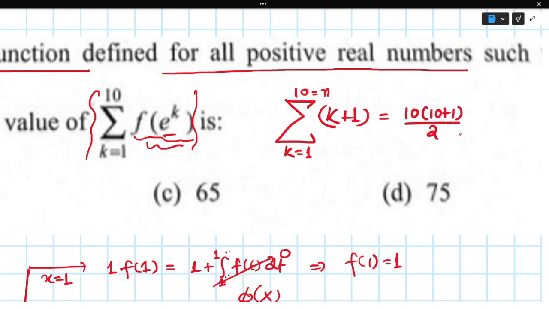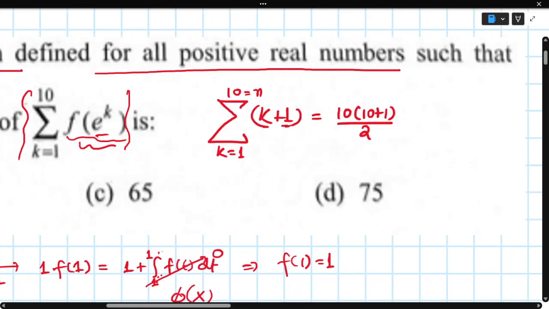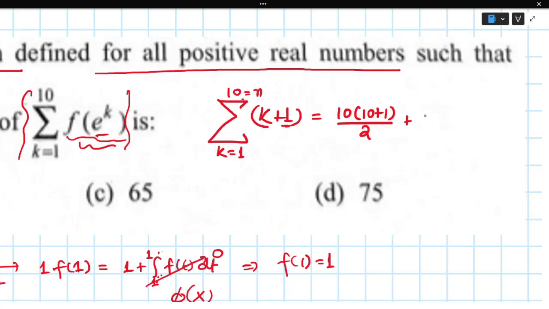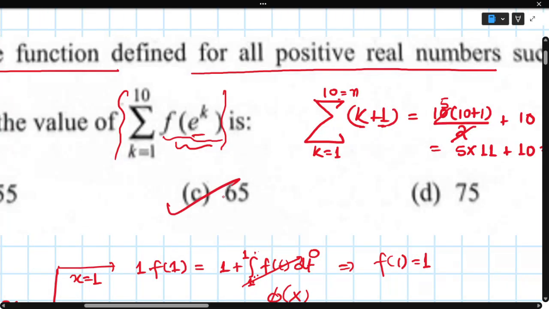And we are adding 1 up to how many times? 10 times, so 1 plus 1 up to 10 times will be 10. So 10 by 2 is 5, and 5 into 11 is 55, plus 10, that is 65. So the answer is 65.